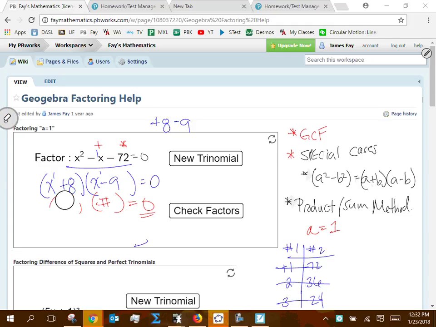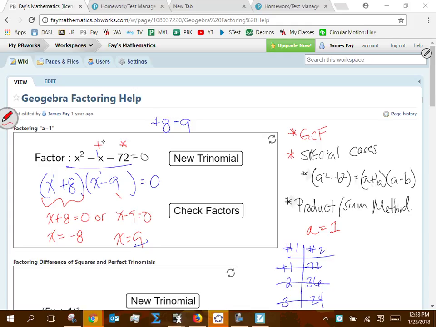Okay. So what numbers will do that for this? What x value will make this thing here 0? Doesn't it have to be negative 8? What x value will make that thing go to 0? 9. So I can set up these two little equations and they'll get me those values of negative 8 and 9.